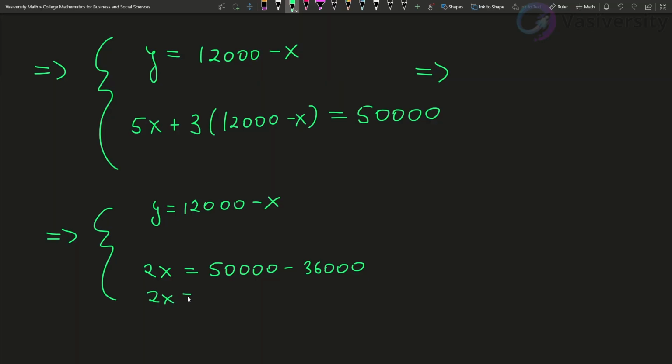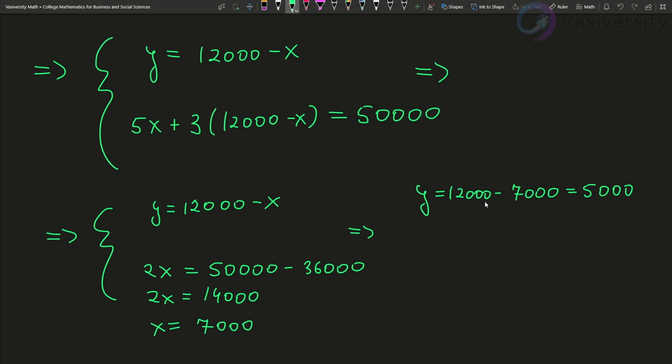So 2x is equal to 14,000. Okay, so that means x is equal to 7,000. So $7,000 were invested in fund number one, right? So how about y? y is going to be 12,000 minus 7,000, which is 5,000. So y is equal to 5,000.